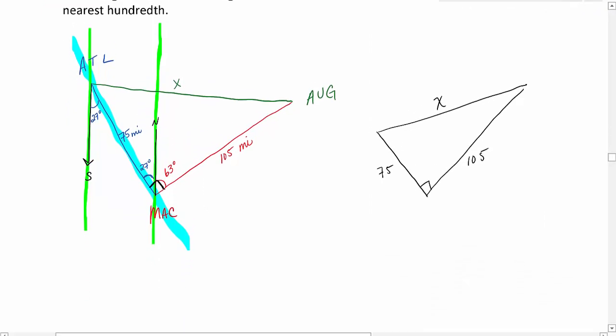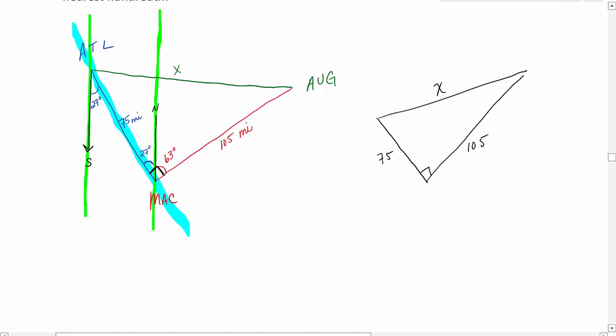We can just use the Pythagorean theorem to find the third side of our right triangle. 75 squared plus 105 squared is equal to x squared. We'll plug that into our calculator, and we get that x is equal to 129.03 miles.